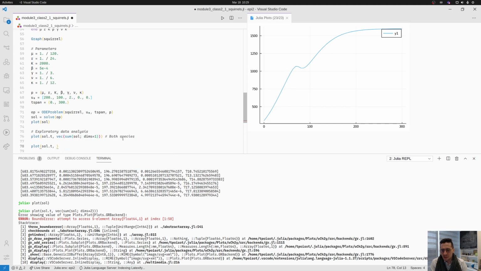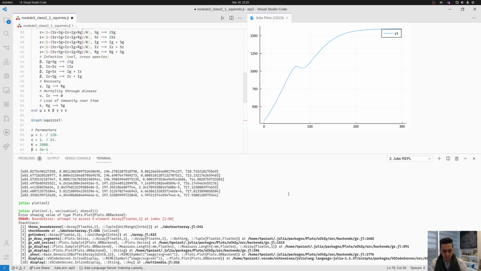Another thing we can do is look at the population size for the first species. So it's going to be 1 and then 3. I think it's, sorry, let me check what the species are.